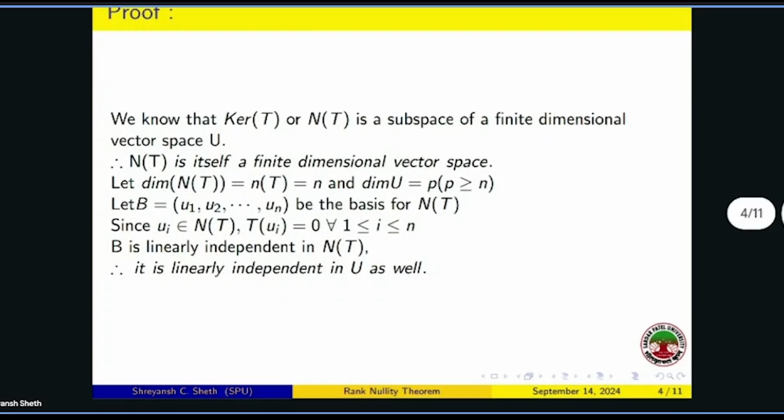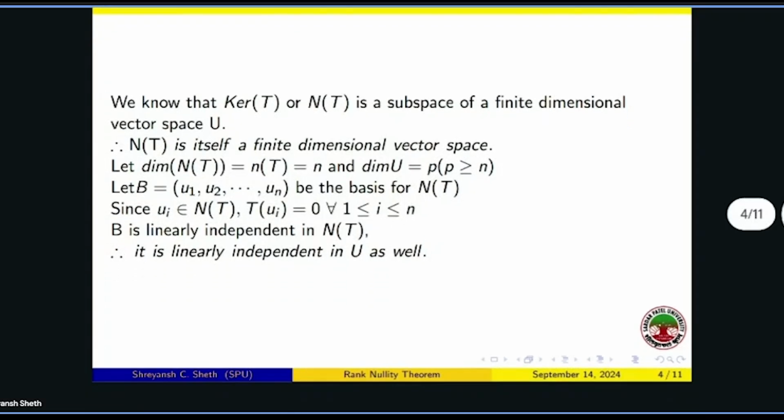So we are assuming that the dimension of the null space is n, which is again a variable. Then since U is also finite dimensional, the dimension of U is P, and here the obvious case is P is always greater than or equal to n.